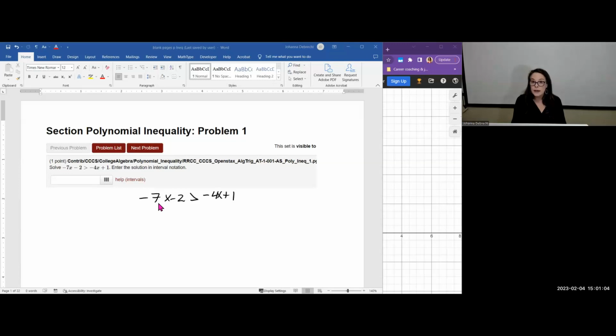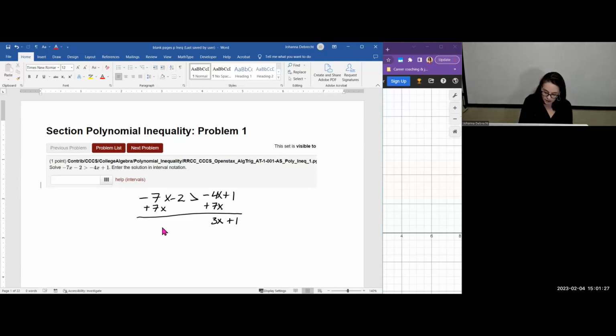It is larger in absolute value, which makes it smaller when it's negative. So I'm going to move this one to the other side by adding 7x to both sides of the equation. Notice on the right that positive 7x minus 4x will give me a positive 3x. If you always move the smaller one, it will always end up positive, which is nice.